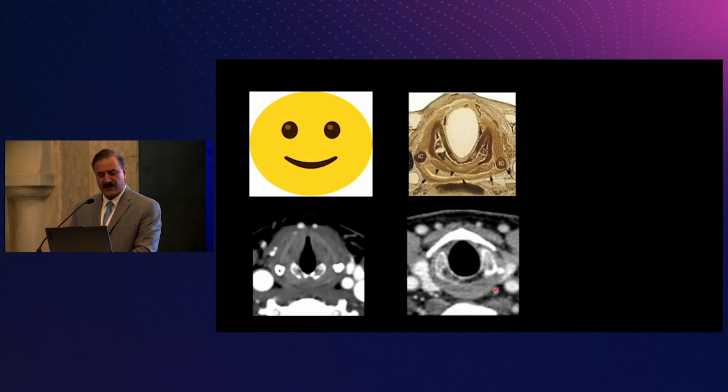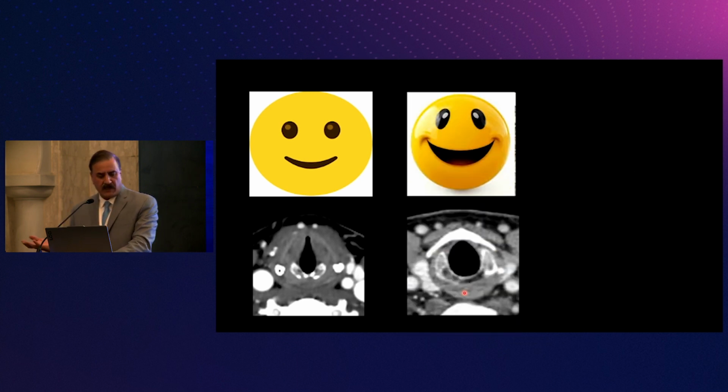Now you're seeing that it is slightly thickened. So you are at the level of the esophageal verge, the cricopharyngeal muscle. You're not into the cervical esophagus yet. So there is slight normal thickening there, which is like a good smile that you can have on an emoji.